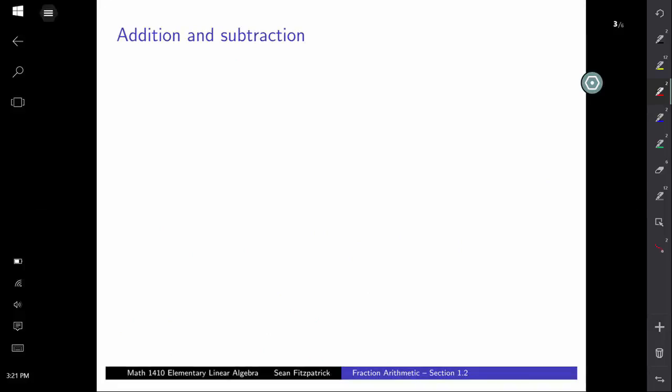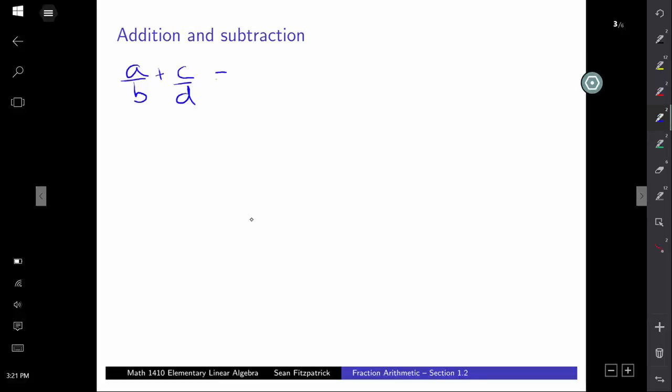Now, how do you add or subtract fractions? Well, when you're dealing with the sum of fractions, so you want to do something like A over B plus C over D, you might remember that there's a rule. You have to get a so-called common denominator.